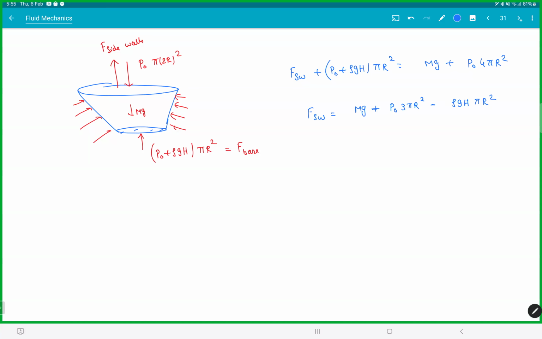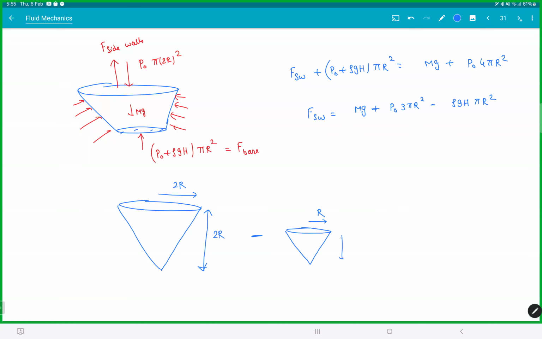So how to find mg? You can clearly see this was a part of a cone. If you take a full cone whose radius is 2r and whose height is 2r, because it's 45 degrees, and subtract the small cone whose height is r and radius is r, we get this remaining frustum. Is this making sense, everyone?